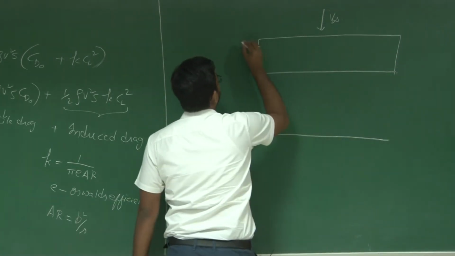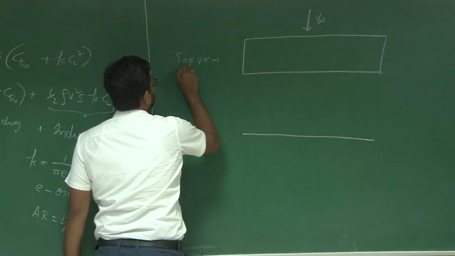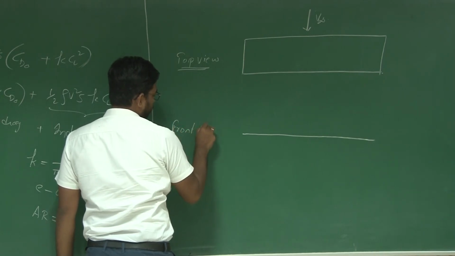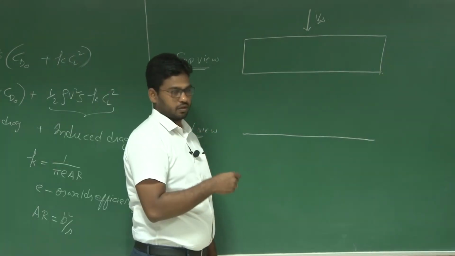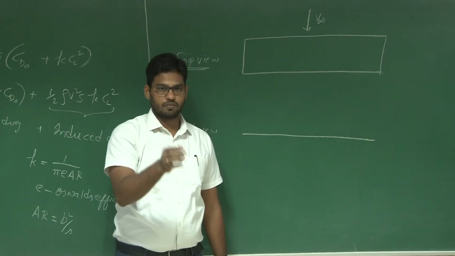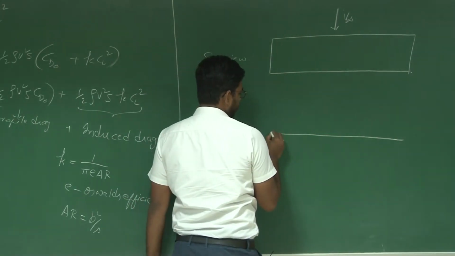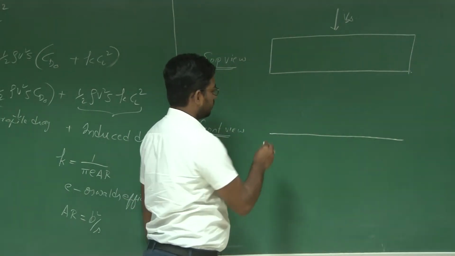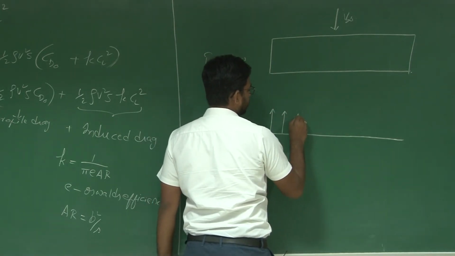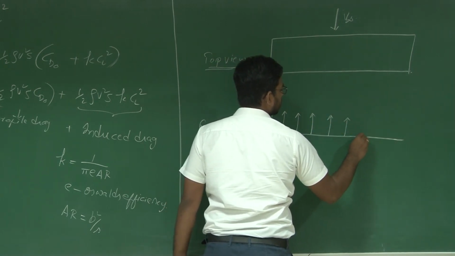This is your top view, and this is your front view from the front side of the wing, right? So it's like you're facing the aircraft from the nose. Now, if you look at the wing, typically for a rectangular wing, this is how the lift distribution looks. Ideally, this is how it has to be, right?